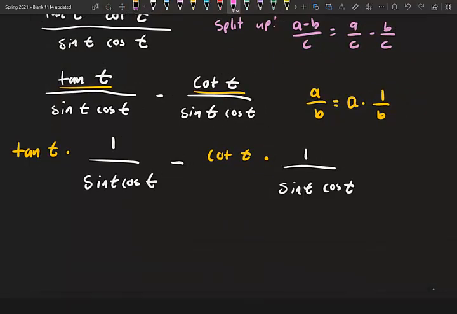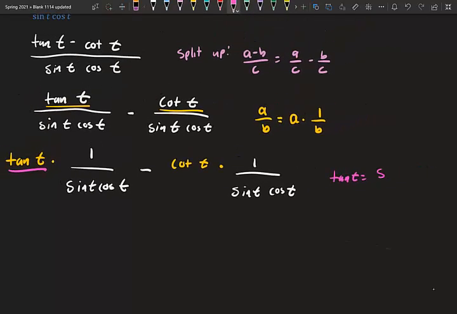So we know tangent t is the same thing as sine t over cosine t. And we know that cotangent t is the same thing as cosine t over sine t. So let's replace those. So tangent t, we have sine over cosine.